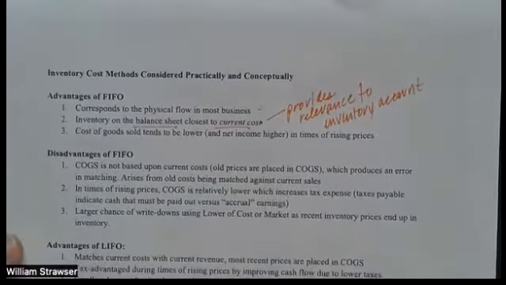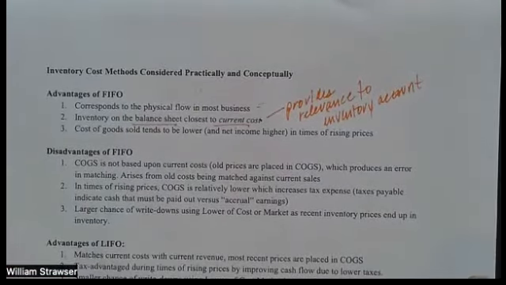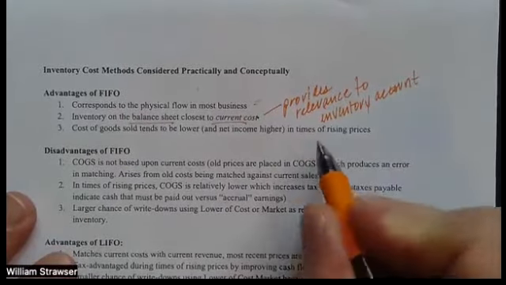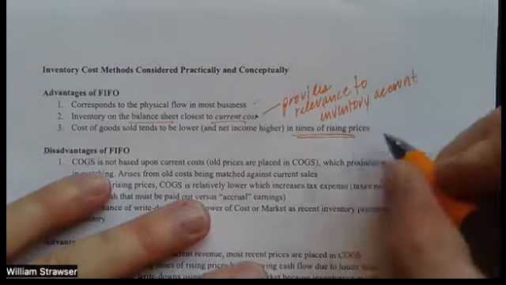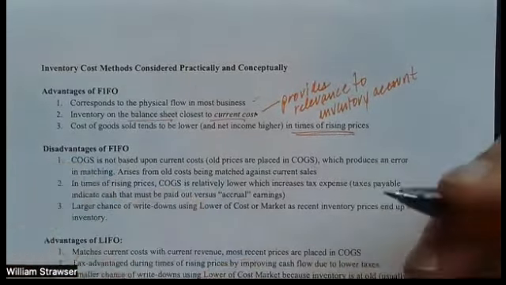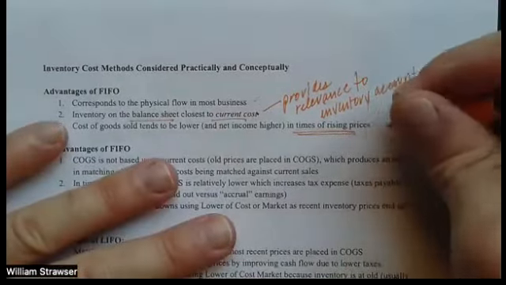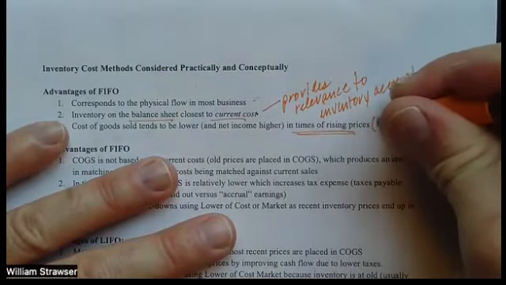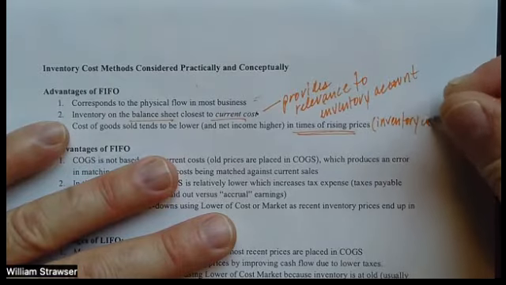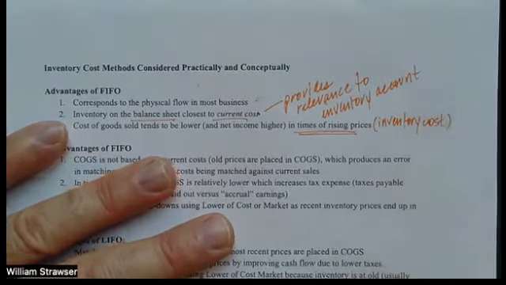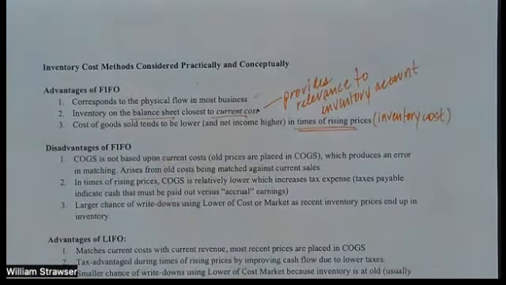When prices are rising, right? So in times of rising prices, and really, I say rising prices, and they do move hand in hand, but to be very precise, inventory cost is better, because price corresponds to the amount that I'm selling my inventory at, but I'm talking about when it costs me more to manufacture or buy inventory.